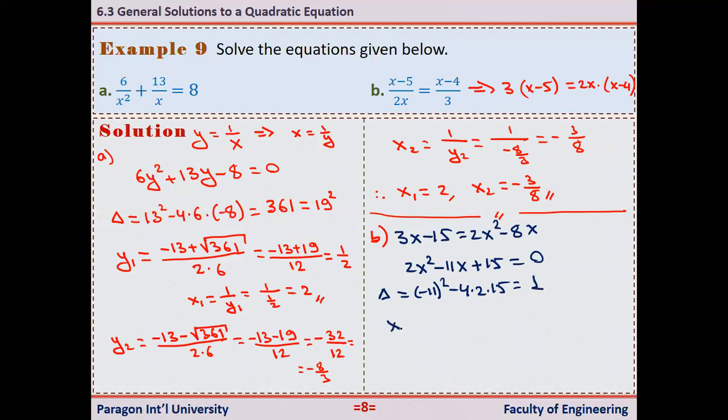So here we have x1 equals minus b, it is 11, plus the square root of 1, it is 1, over 2 times 2, it is 4. That's equal to 12 over 4, that is 3. And the second root of this equation, 11 minus 1 over 4, that is 10 over 4, or in the simplest form, that is 5 over 2. This is the first root, and that is the second root.